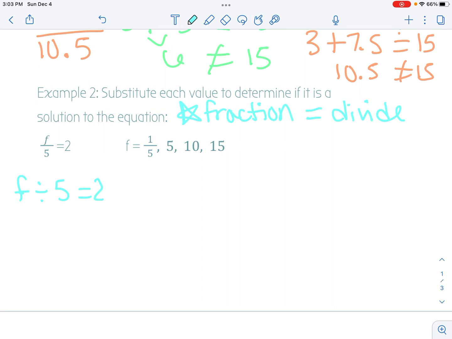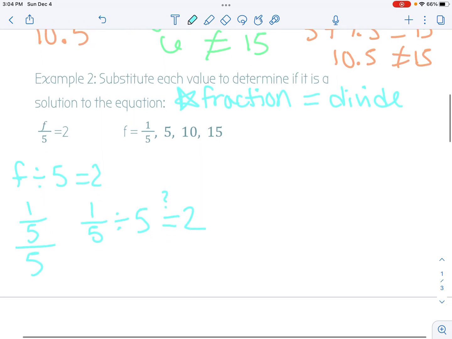My first number that I am plugging in is a fraction. I'm going to write this out as 1 over 5 divided by 5, so that you can see what it looks like. Does this equal 2?